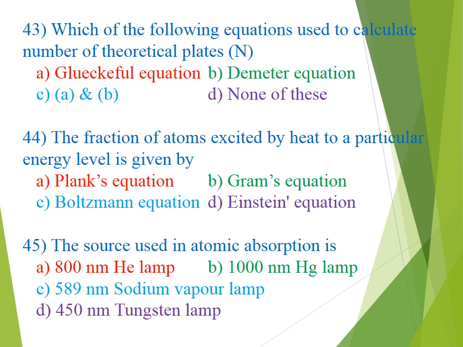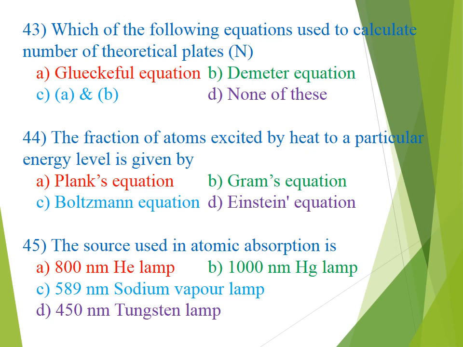43. Which of the following equations is used to calculate the number of theoretical plates N? Option A, Kirchhoff equation, B, D meter. Both answers are correct. Therefore, option C, A and B, is the correct answer. 44.